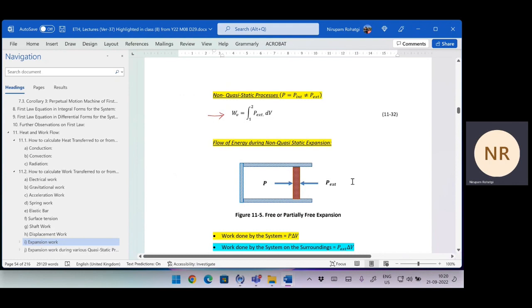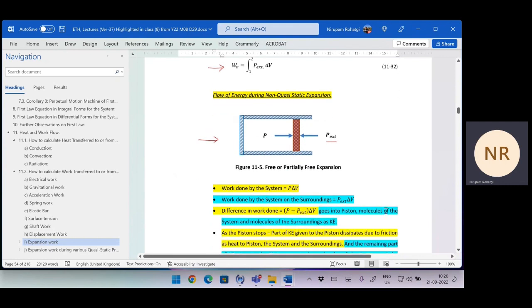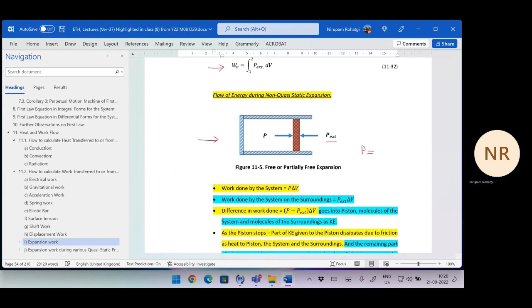Now I am taking this example. We talked about this last time also. We have a piston and cylinder system. Inside pressure is P, outside pressure is P external. And then what is actually happening? Now, if P is not equal to P external, what is going to happen?